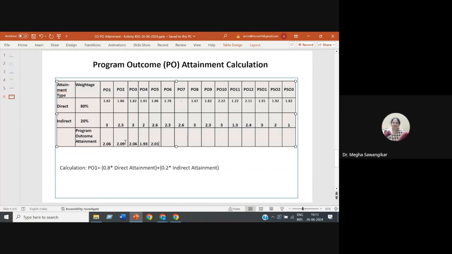Yes. Okay, then sir, what is PO2? It is 1.988. 1.988 means 2. 1.99? Yes. 1.99, right? Yes.